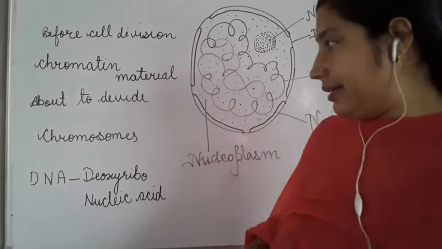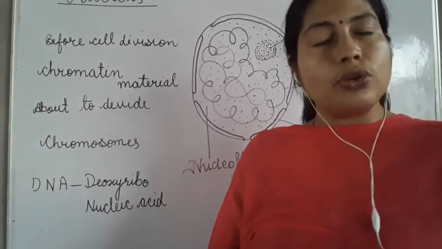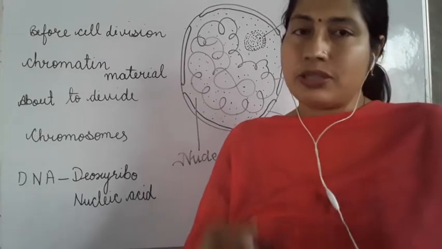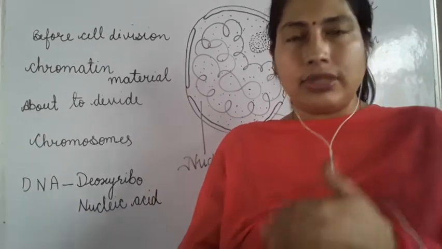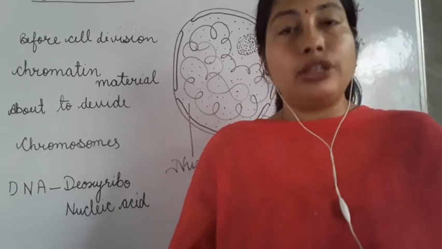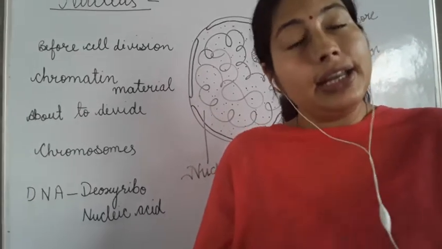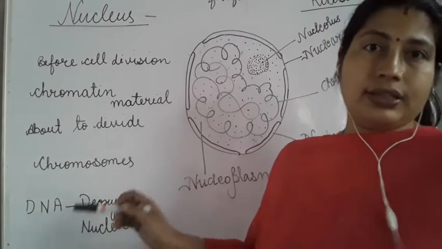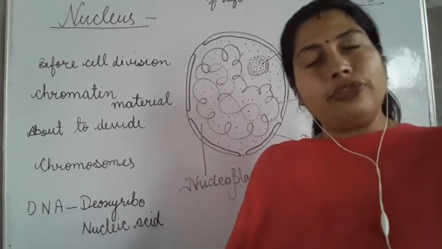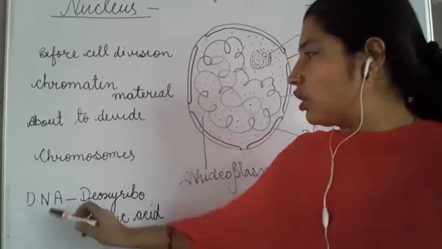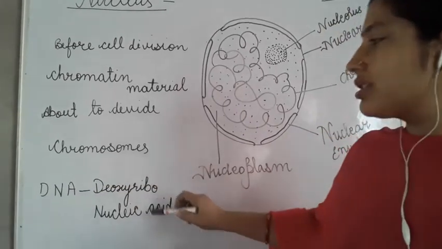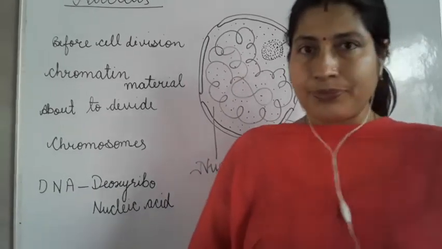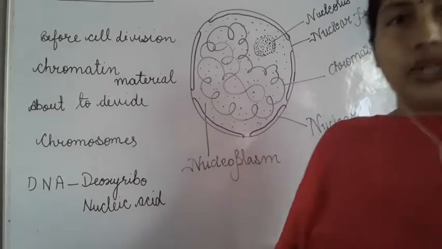I am telling again, chromosomes have DNA. Inheritance of information from parent to offspring occurs in the form of DNA, and the functional sites of DNA are called genes. So this is the structure of the nucleus.